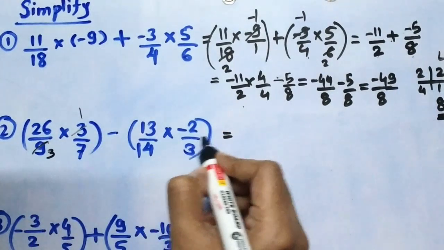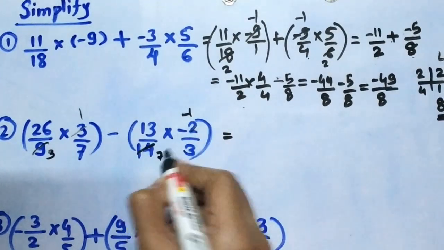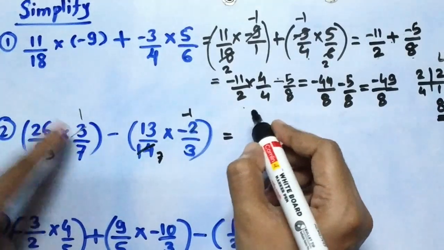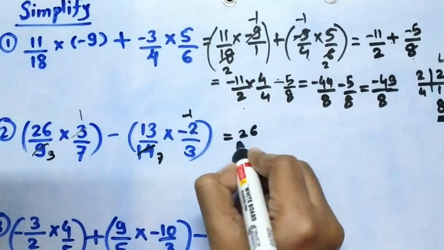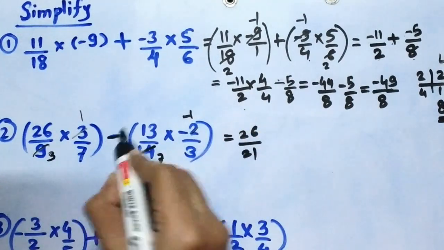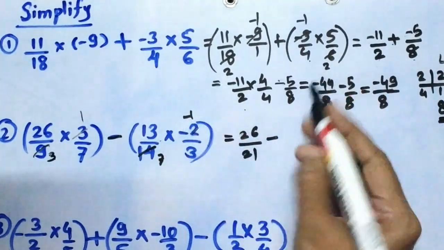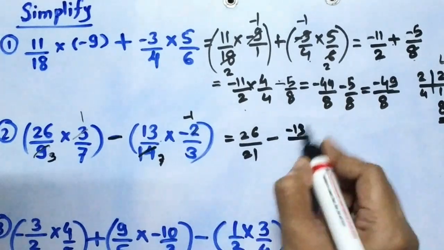And here also you can observe, 2 ones are 2, that is minus 2, and 2 sevens are 14 is here. So friends, here you can take 26 ones are 26, divided by, here you can take 7 threes are 21. Then this minus sign you need to write down as it is. Then here 13 ones are 13, that is minus 13, divided by 7 threes are 21.